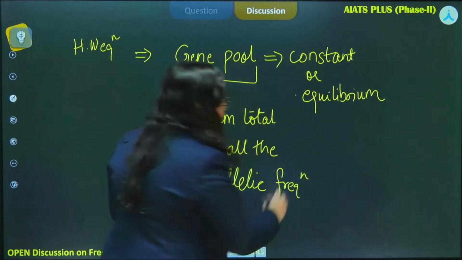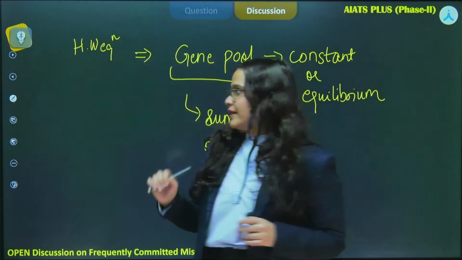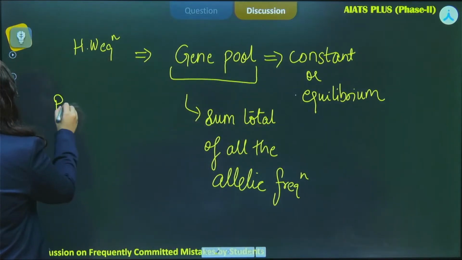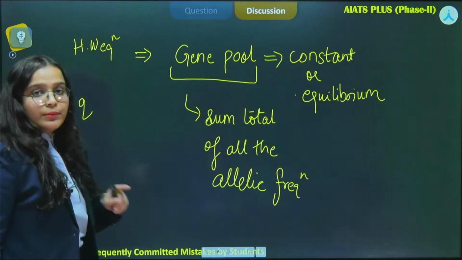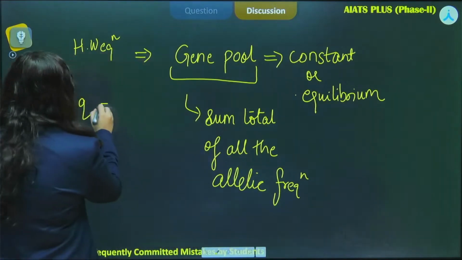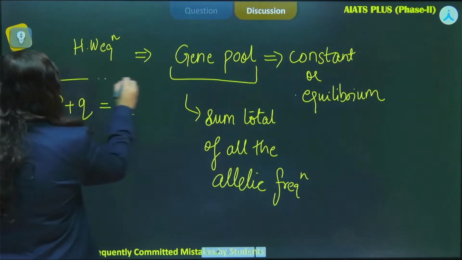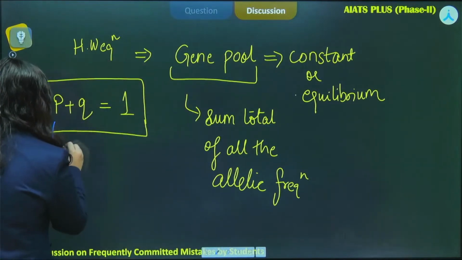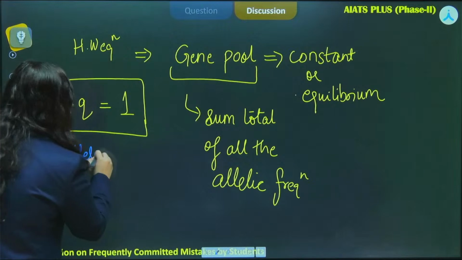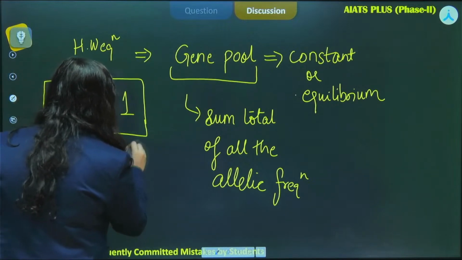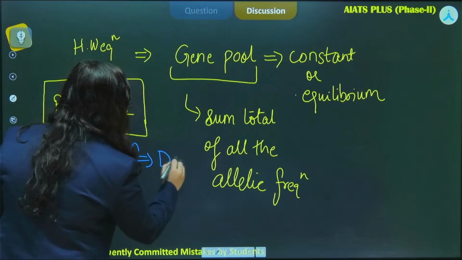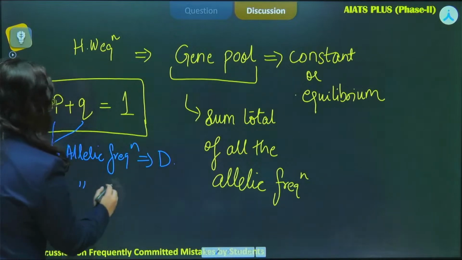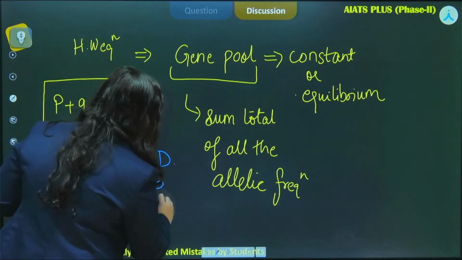Alright. So where is the mathematics? The mathematics comes into the picture when they stated that P plus Q will be equal to 1, which is the constant number, where P represents the allelic frequency of the dominant trait, whereas Q will represent the allelic frequency of the recessive trait.